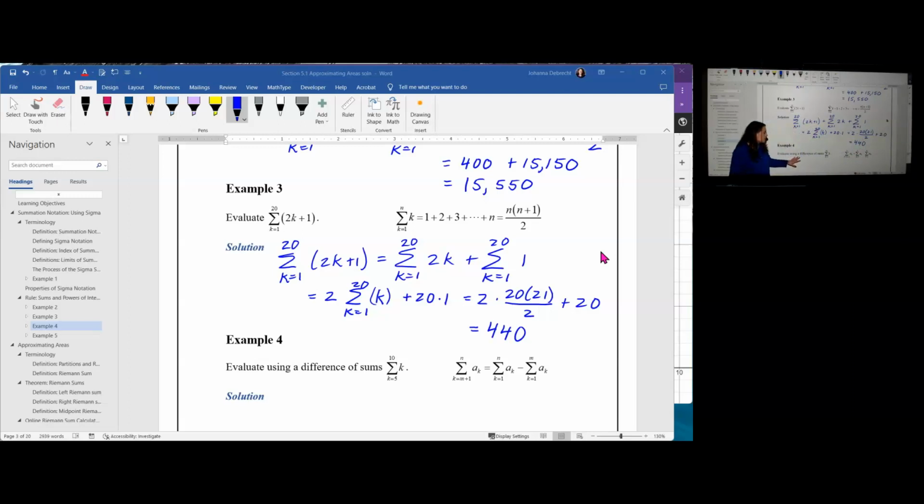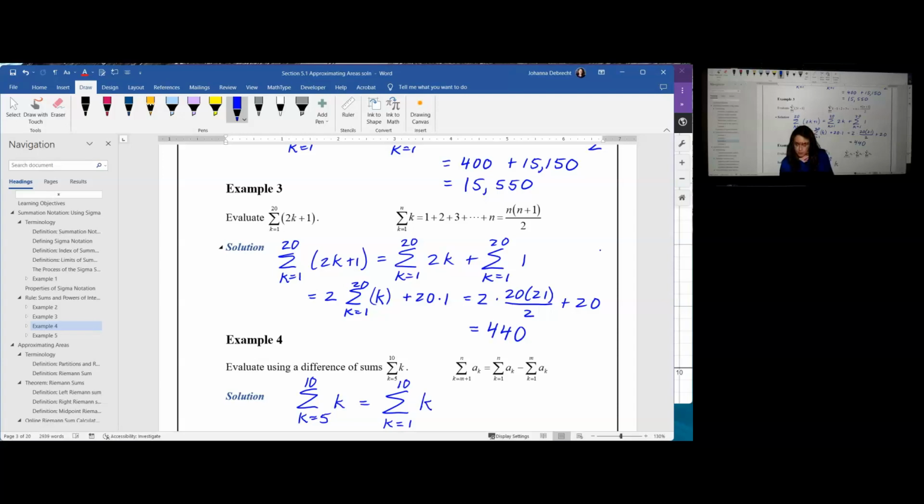Let's now look at example 4, where we want to evaluate using a difference of sums. We want to evaluate the sum of k from k equal 5 to 10. In order to compute that sum, we're going to have to split it into the difference of two other summations. The first one must be larger and go further than our original, and it must start at 1.